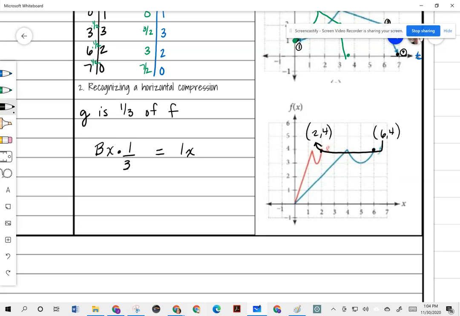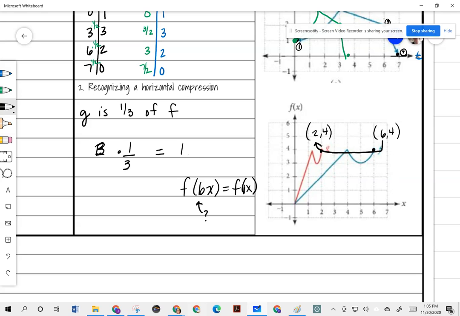Okay, remember that's kind of like this idea right here. F of bx needs to equal f of x. Well, I don't know my b, but I do know that if I take that b and I multiply it by its reciprocal, then I'm going to get the 1. And I just put the x there just to keep it, but we don't need to do that. We can get rid of the x.